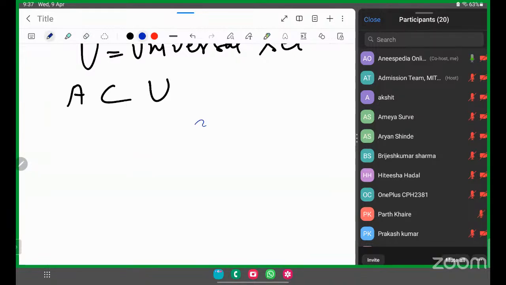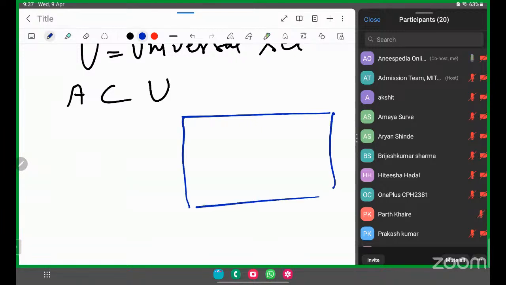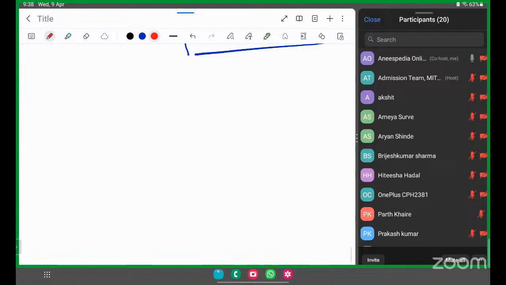So we will pictorially represent it as, this is universal set U and it contains a set A. This is the concept of Venn diagram. In Venn diagram, we represent the set by a figure. It may be triangular, it may be circle, it may be square or rectangle. Understood?